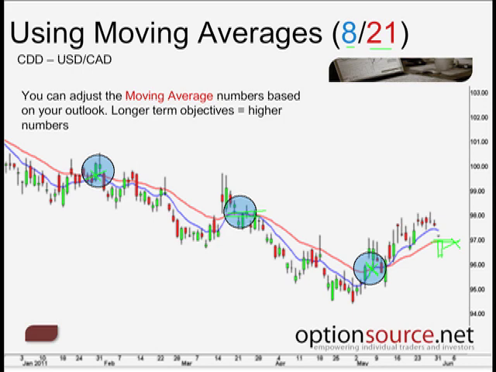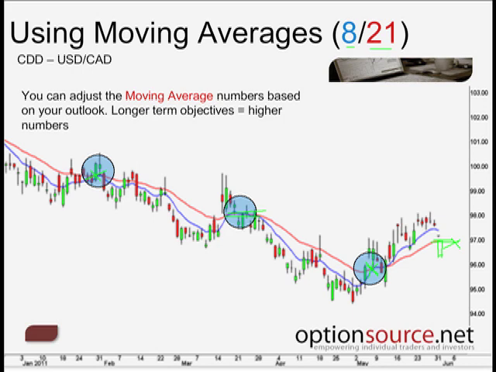The 8 and 21 bar moving average is a comfortable time frame for me because I'm looking at a relatively short-term trade outlook. So I'm really looking at positioning myself for a few days to a few weeks to perhaps even a month with a particular opportunity.